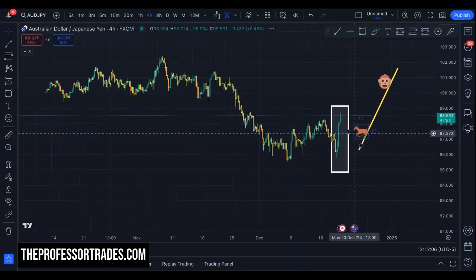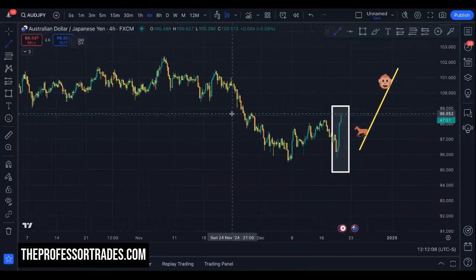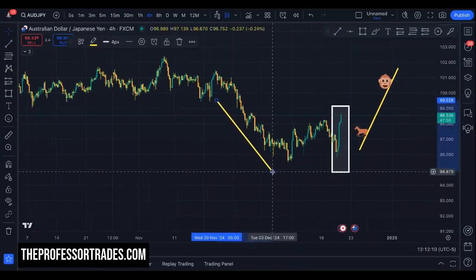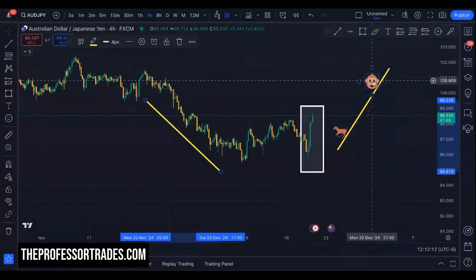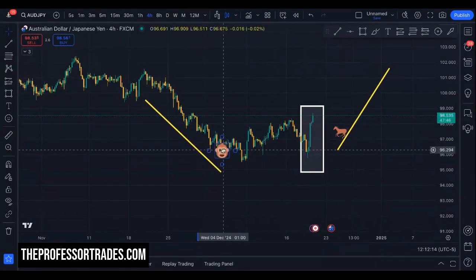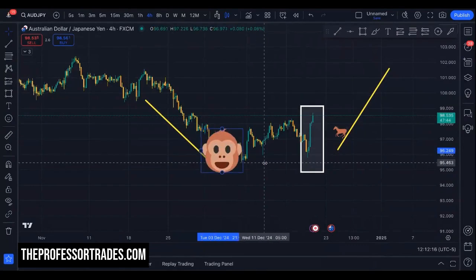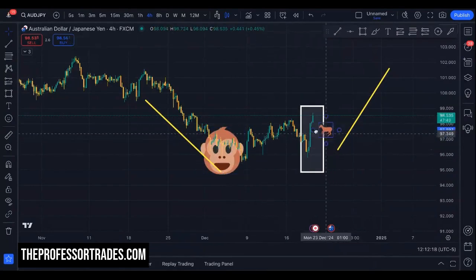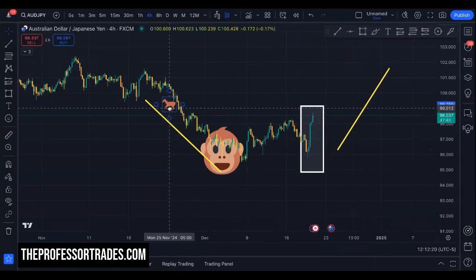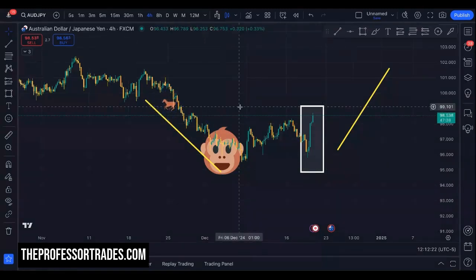Now when price was doing this, it was the complete opposite. The huge gorilla was much stronger and bigger than the little horse, the pony.